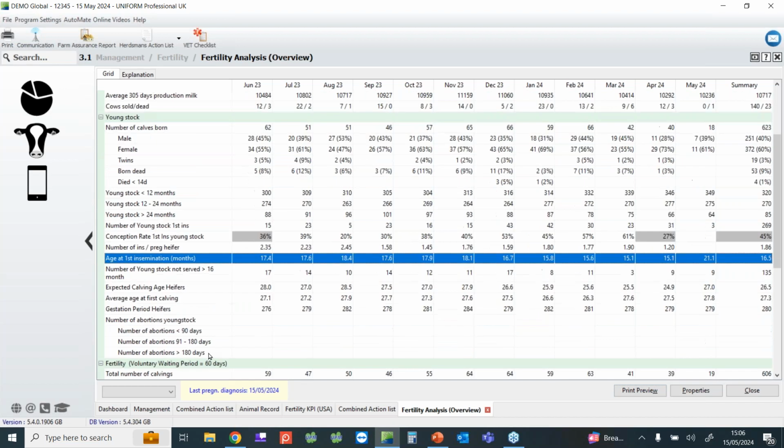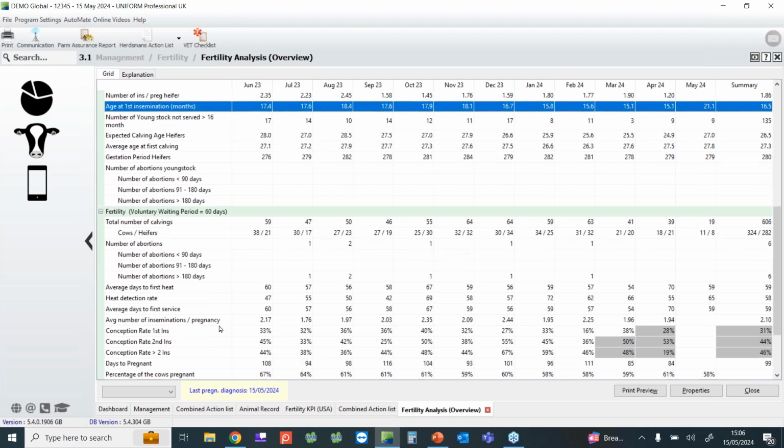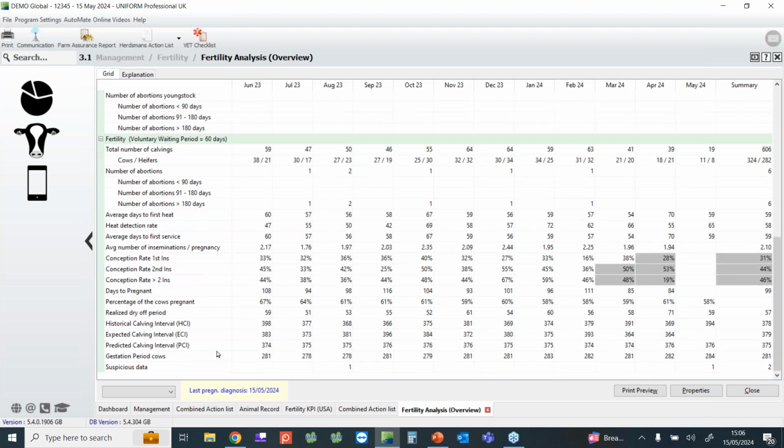We scroll a little further down, we can look at the gestation period, number of abortions, a lot of information there. That will then take us down to the cows, where we've got average days to first service, conception rates, and days to pregnant, and then historical, expected, and predicted calving interval.